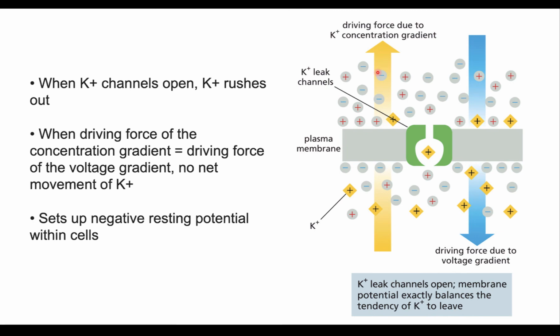Any movement of potassium through these leak channels into the cell would be equal to the movement outside the cell. And this sets up a negative resting potential within cells. And this is something we can actually measure: the difference in charge from the extracellular fluid to the intracellular fluid.